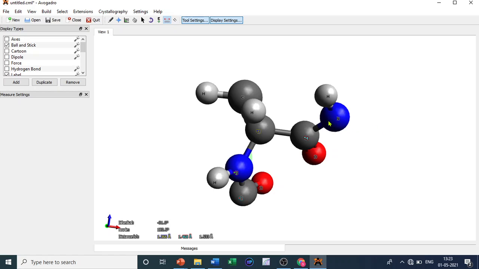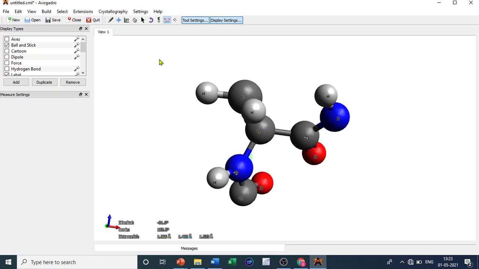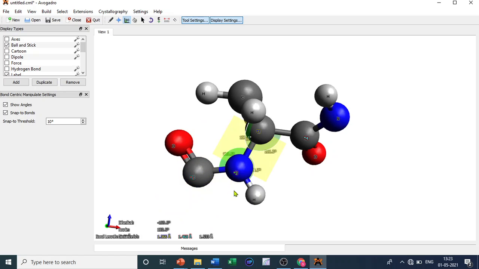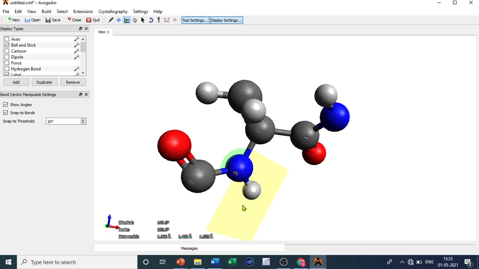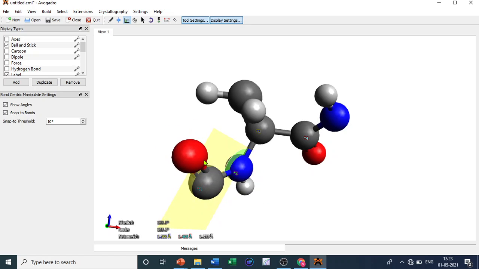Right now we have chosen this as the phi. We want the phi to be 120 degrees, so let's change it to plus 120 degrees. It's close to 120, anyway 123 degrees.